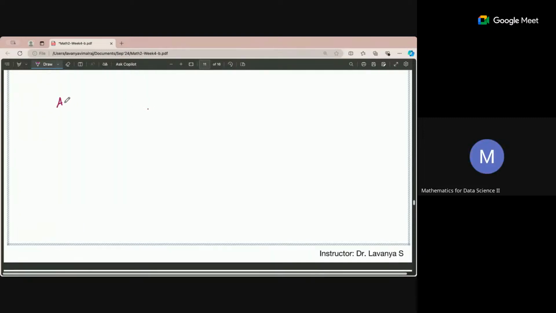Suppose you have an n by n matrix. You can say its determinant is 0 because it is a 3 by 3 matrix. So rank of A is equal to n if and only if determinant of A is non-zero, and it is strictly less than n means you can say that determinant of A is equal to 0.